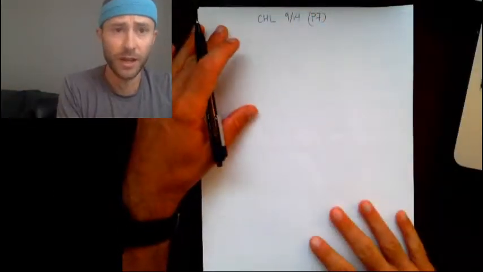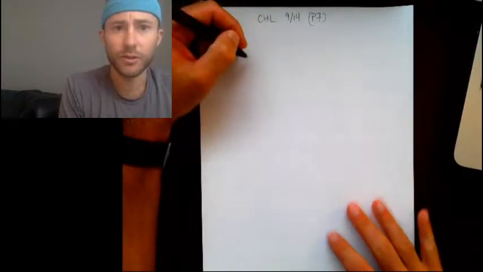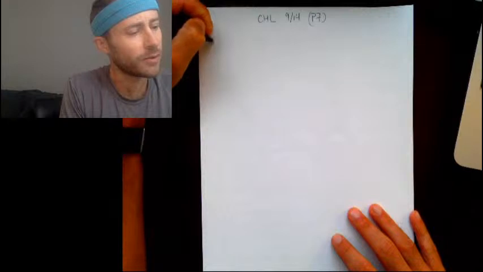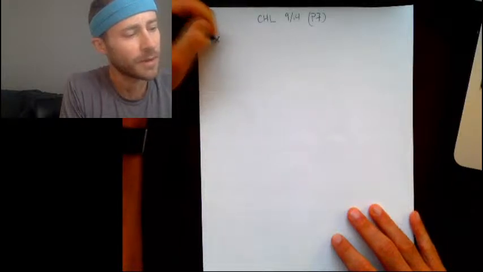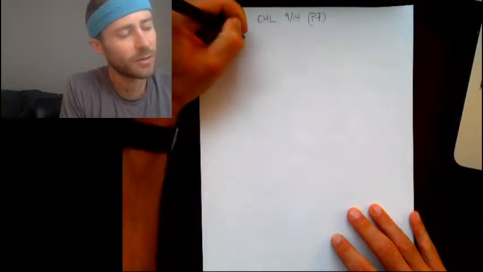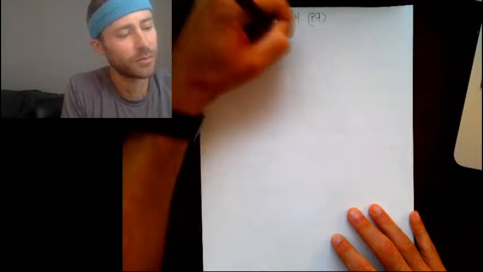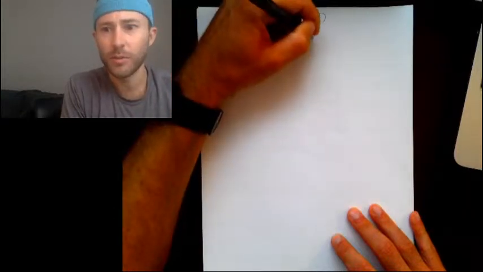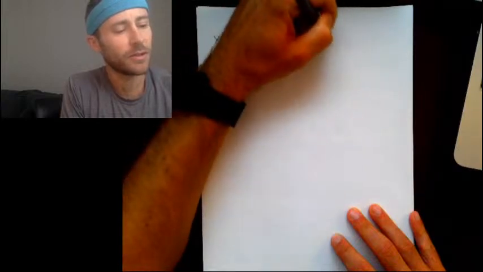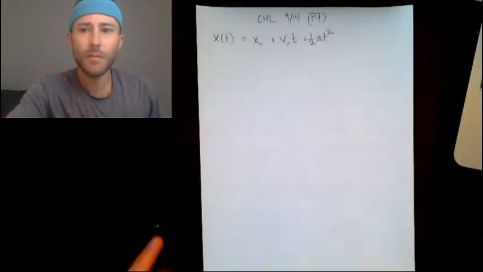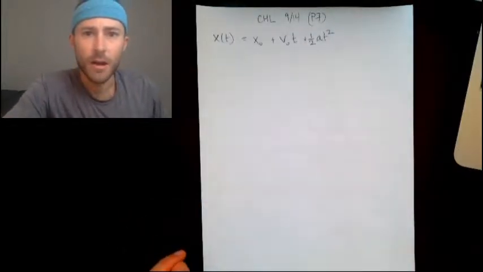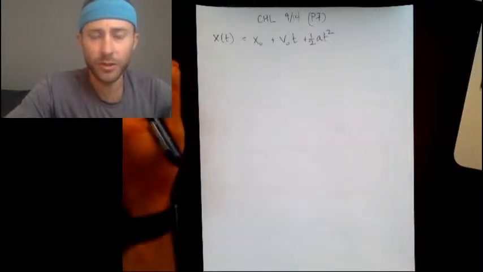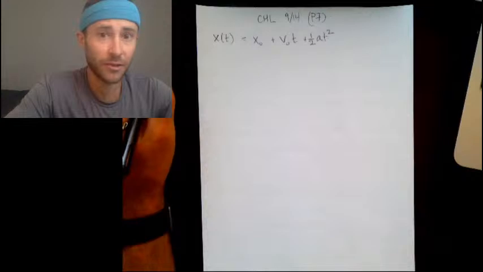So at the end of the last lesson, I used calculus to derive three equations, okay? The first equation was x of t equals x initial plus v initial times time plus 1/2 at squared. This is the same kinematics equation that we used last year.